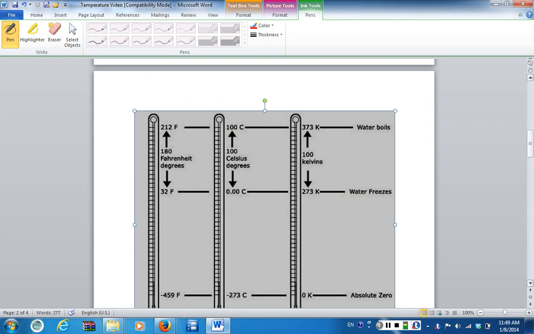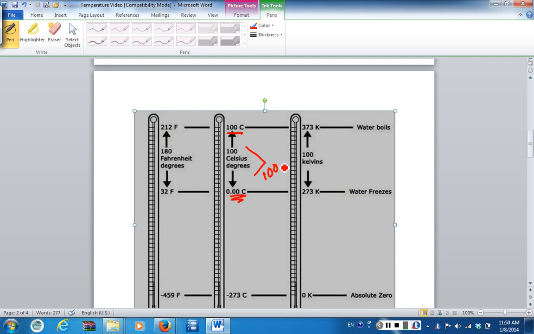So, if we look at the Celsius scale, we see that at 0 degrees C, this is when water freezes on the Celsius scale. And H2O boils, meaning it goes from a liquid to a gas, at 100 degrees C. Now, in between, the difference between the two phases is actually 100 units.